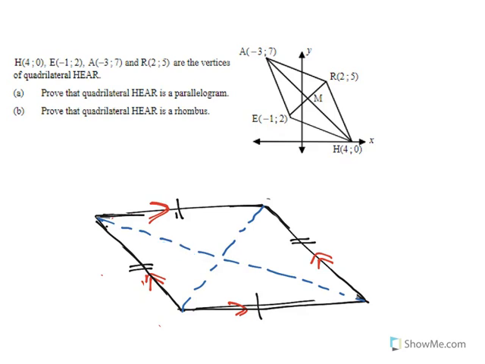So since we've shown that the opposite sides are parallel, we know that this angle will be equal to this angle because of alternate angles, and that angle will be equal to that angle also because of alternate angles. And so we have angle, angle, side. We have the same set of angles here and an equal side, which means that these two triangles must be congruent, they must be identical.